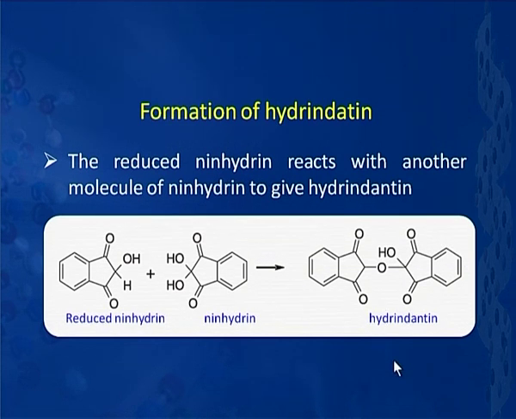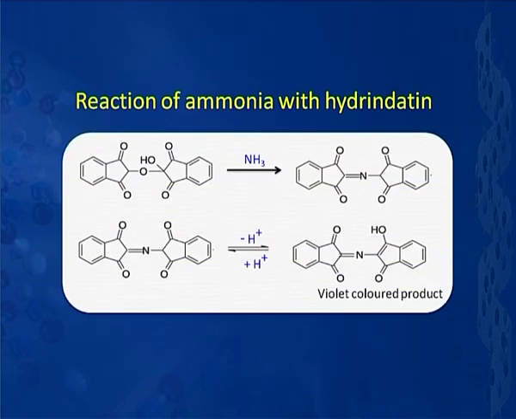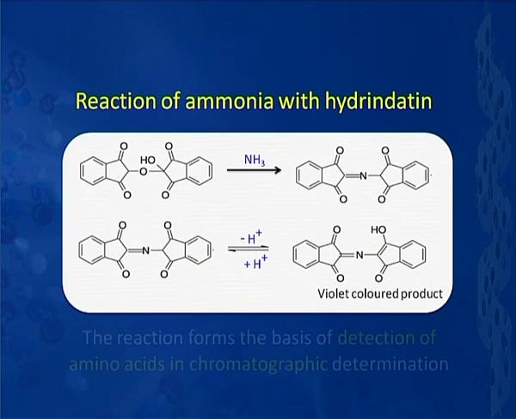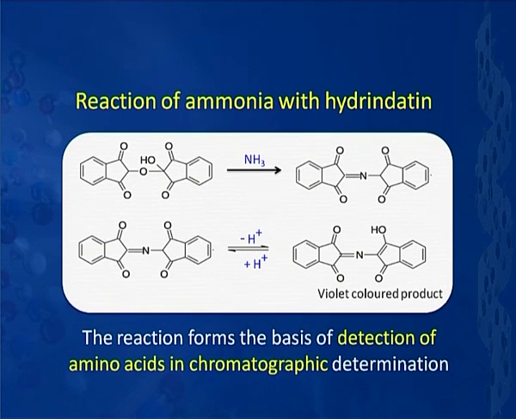The ammonia which came out as a consequence of oxidative deamination reacts with hydrindantin as follows. In this case you get the following product, which in the presence of acid gives this species here, which gives us very intense violet coloration. This reaction forms the basis of identification of amino acids in a wide spectrum of applications.